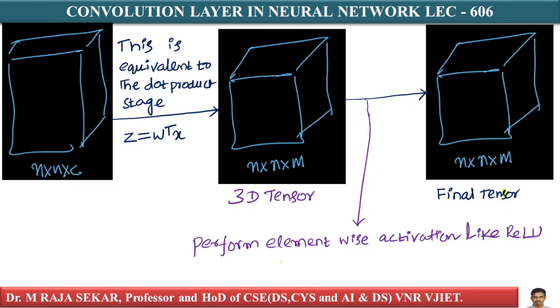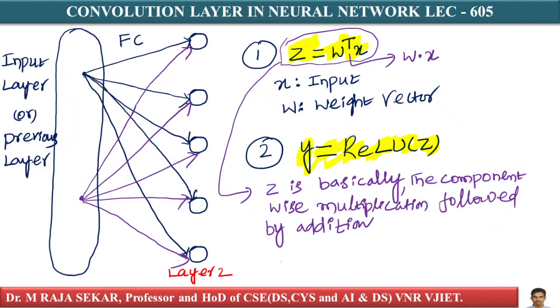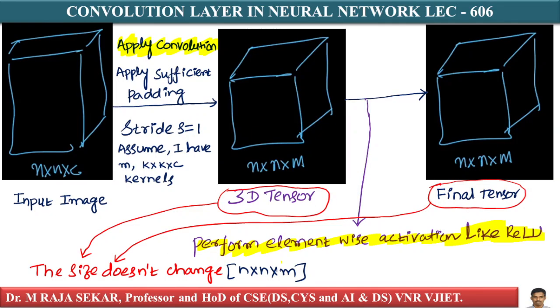So that's the relationship. First step, Z equal to W transpose X. Second step, applying the ReLU activation function, isn't it? That's what we are doing here also. Instead of the dot product, you are applying convolution here. Then you are performing element wise activation.